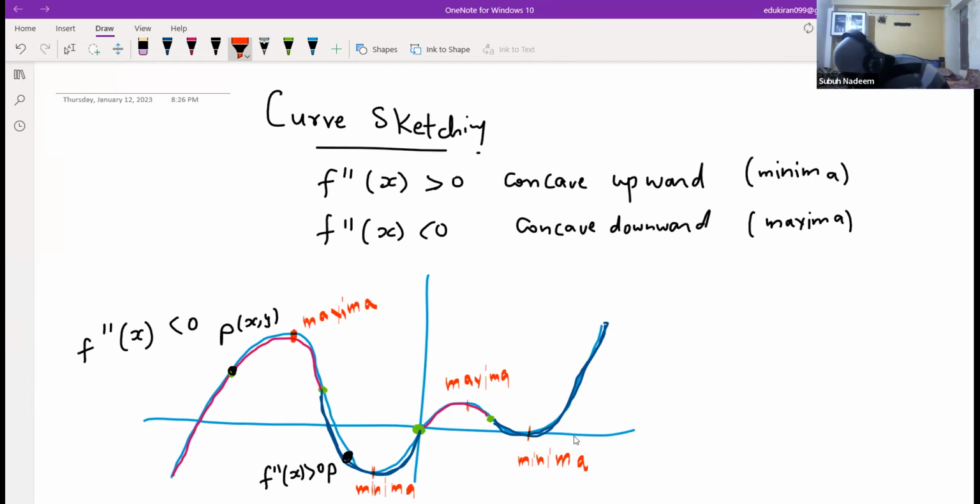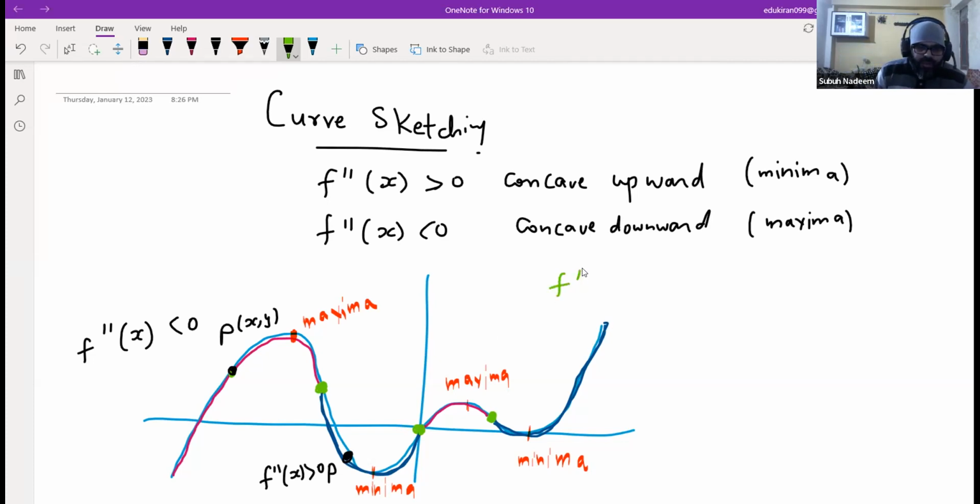And one more thing they are saying: these green dots which I made, this dot, this dot, this dot, are the boundary dots from where the nature changes. They say there is a concavity change.